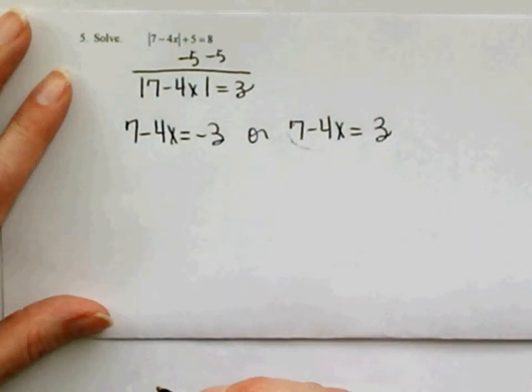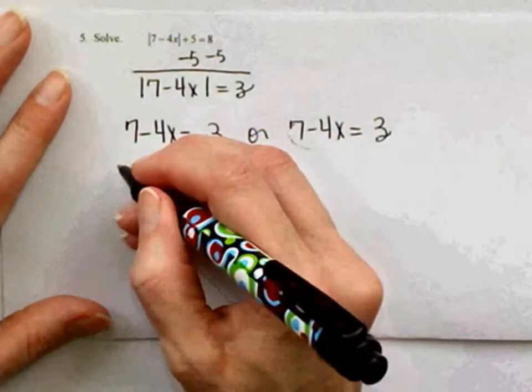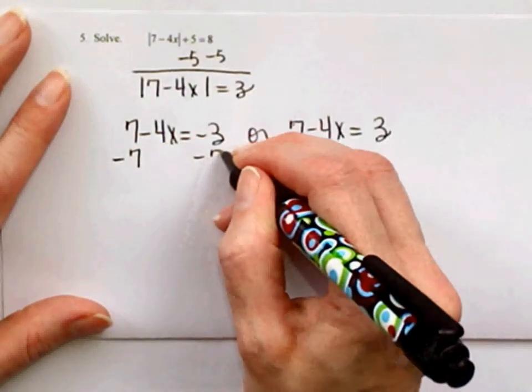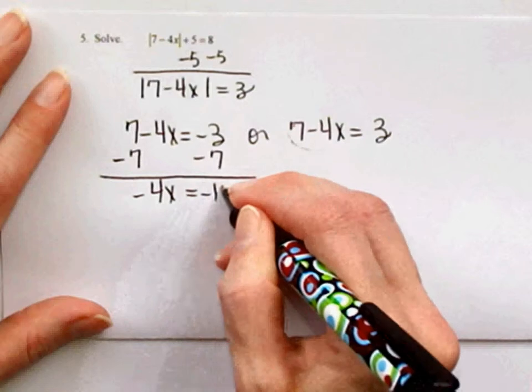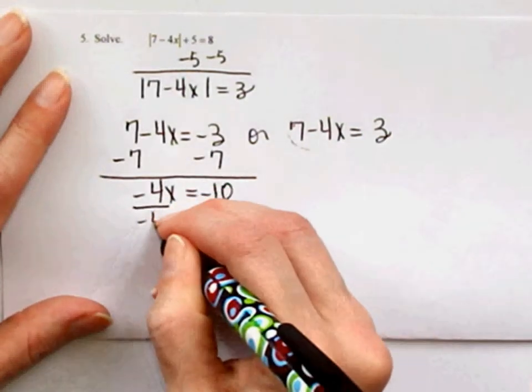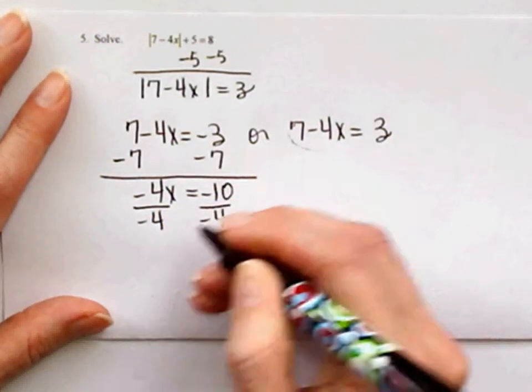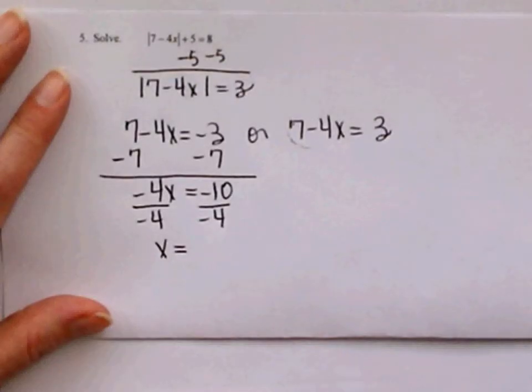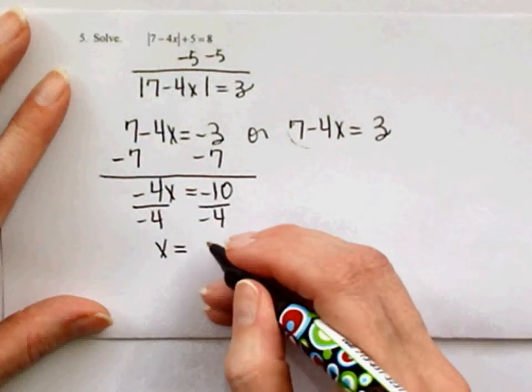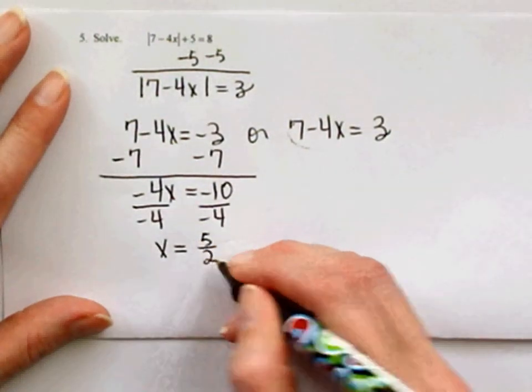We have two equations, we need to solve them, so let's subtract 7. A negative 4x is going to be a negative 10. We're going to divide by negative 4. So x is going to end up being a positive value because a negative divided by negative is positive. They both can be reduced by 2, so it's going to be 5 halves.